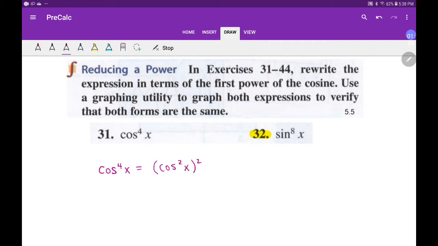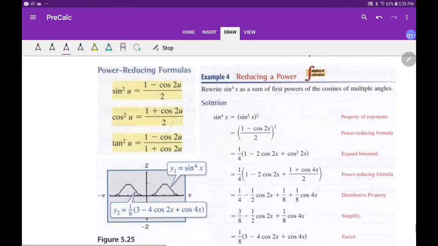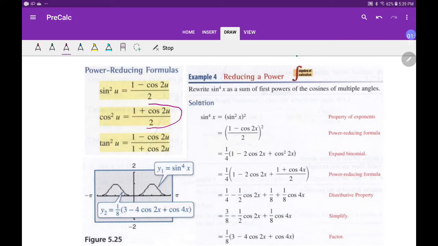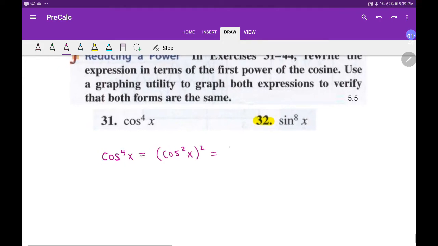And of course I can say, according to that up there, instead of saying cosine squared x, I can say 1 plus cosine 2x over 2, and I'm going to square that instead.